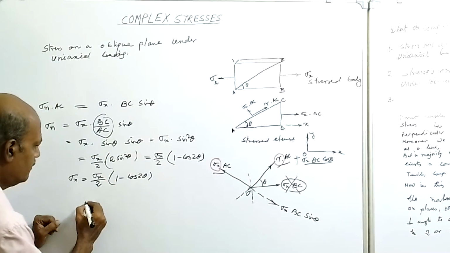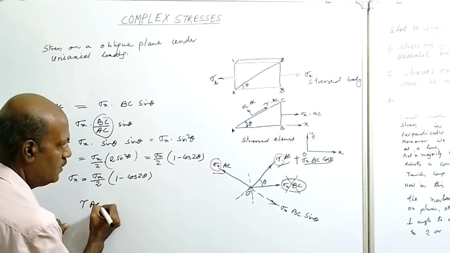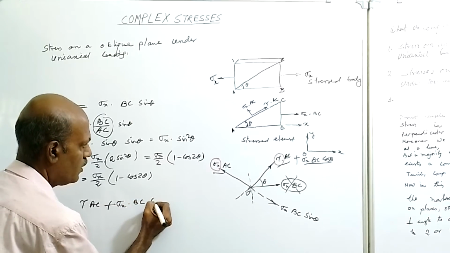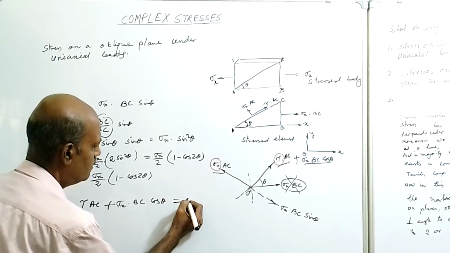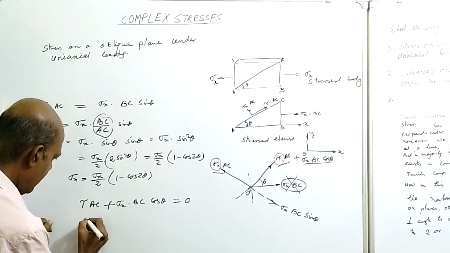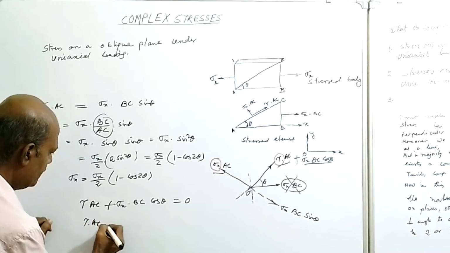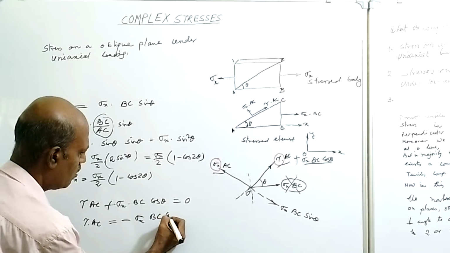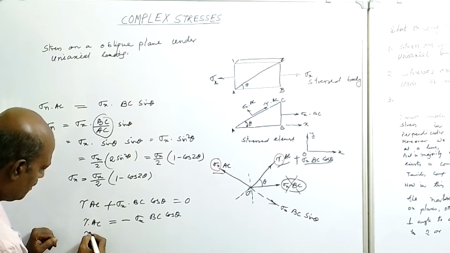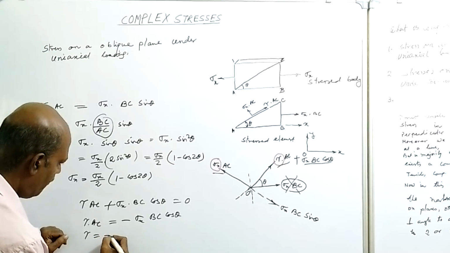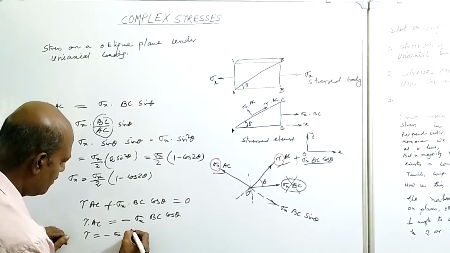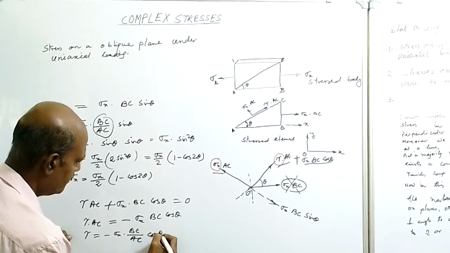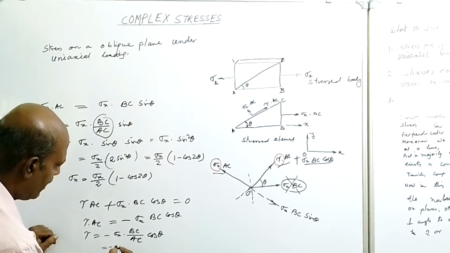So tau into AC plus sigma x into BC into cos theta is equal to 0, or tau into AC is equal to minus sigma x BC cos theta. Therefore, tau is equal to minus sigma x BC by AC into cos theta.